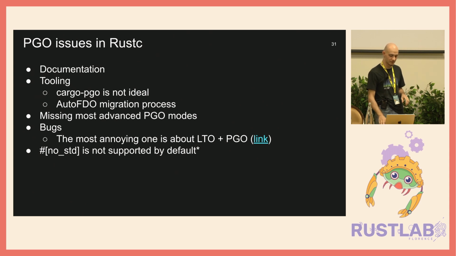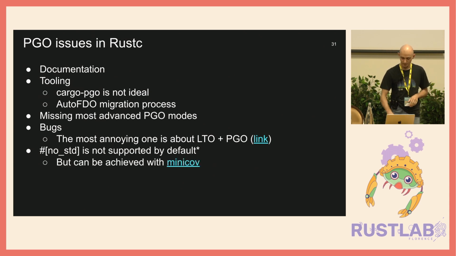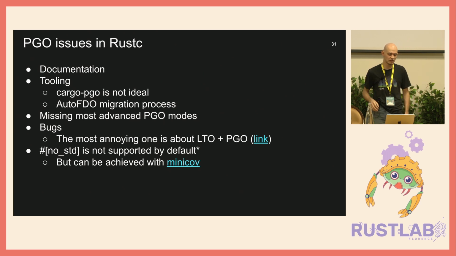No STD support. No STD projects for Rust cannot be optimized with PGO by default. However, there is a project called Minicov that allows you to optimize it. What is the problem here? During the instrumentation phase, the compiler links to your application an additional library that is called LLVM runtime or something like that.